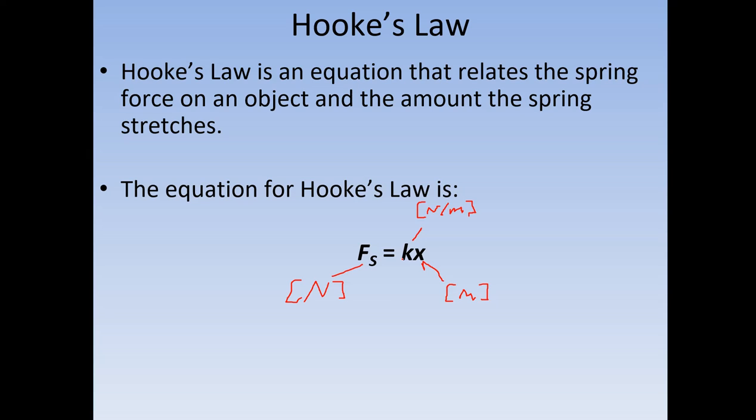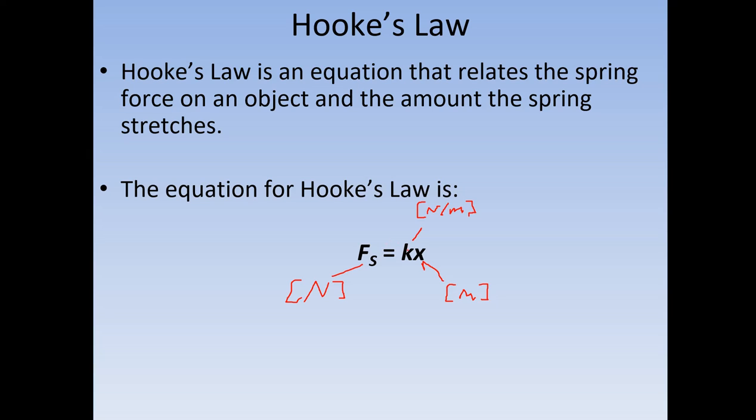A slinky typically has a very low spring constant. It doesn't really require that much force, and you can easily change its length. But something in a ballpoint pen or maybe even in the bed springs of your bed, those typically have much higher spring constants since it's going to require a lot more force in order to compress them. And they might not even compress that much.